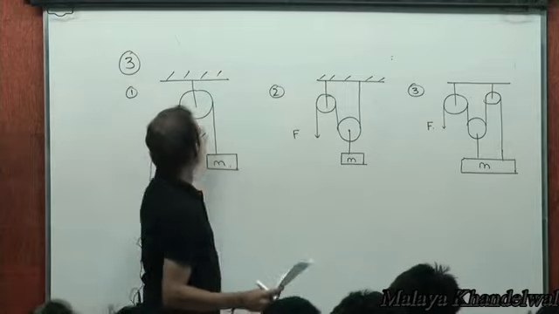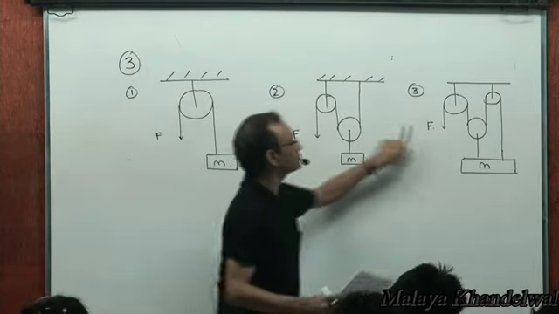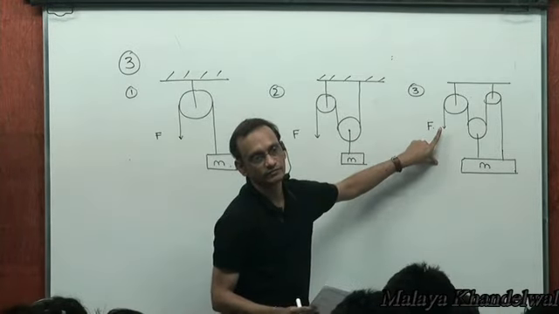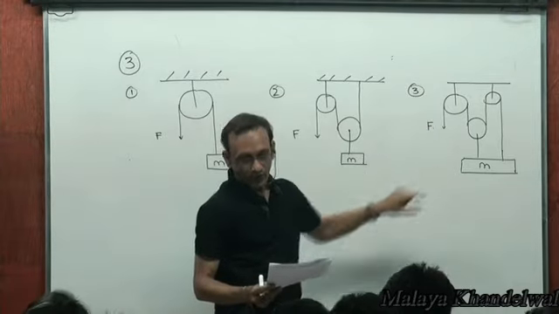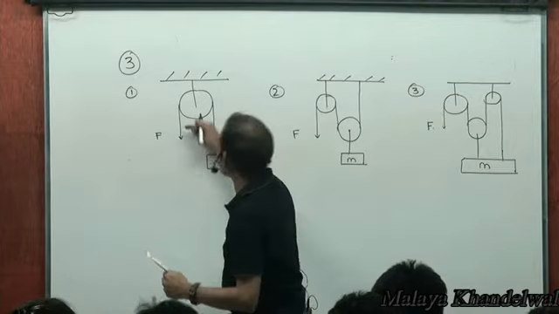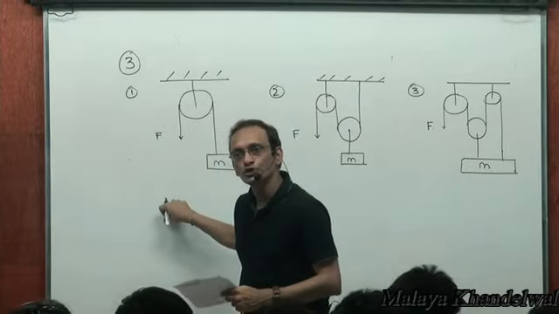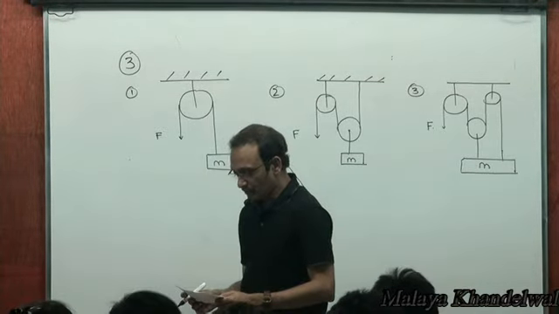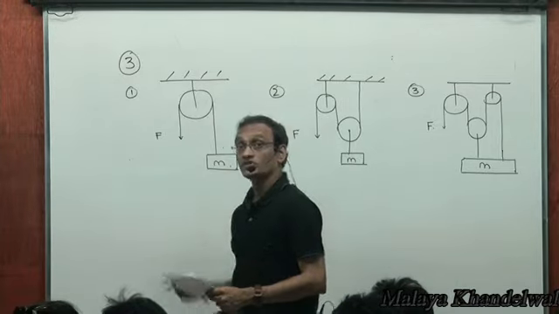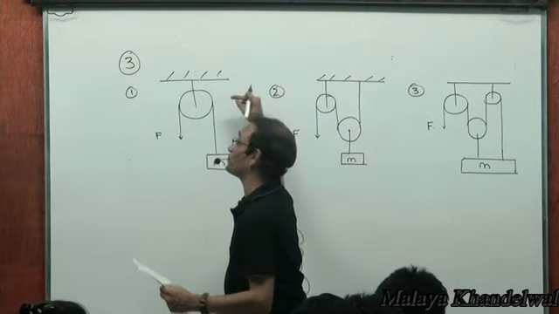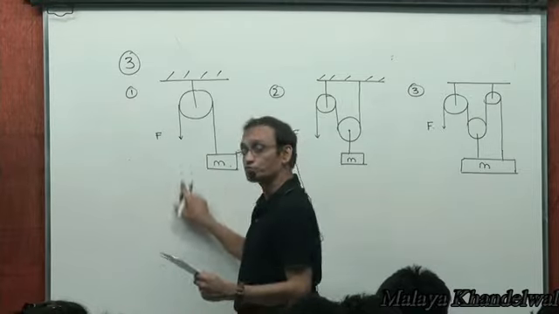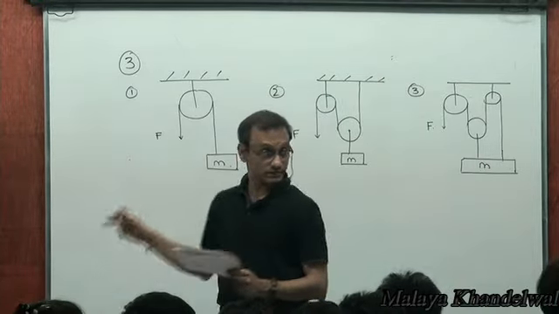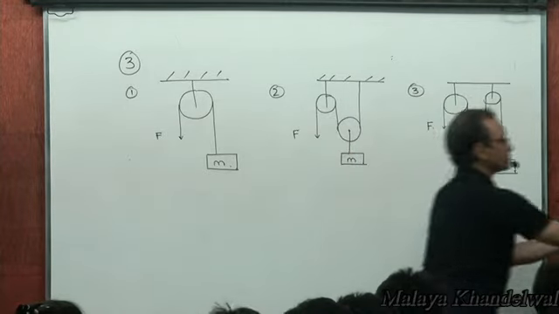In each of these cases, the free end of the rope is pulled with a force F by an amount 2 meters. The point of application of the force moves down by an amount 2 meters. We want to find the situation in which the kinetic energy of the block is maximum by the time this is pulled down by 2 meters. Right? All right.